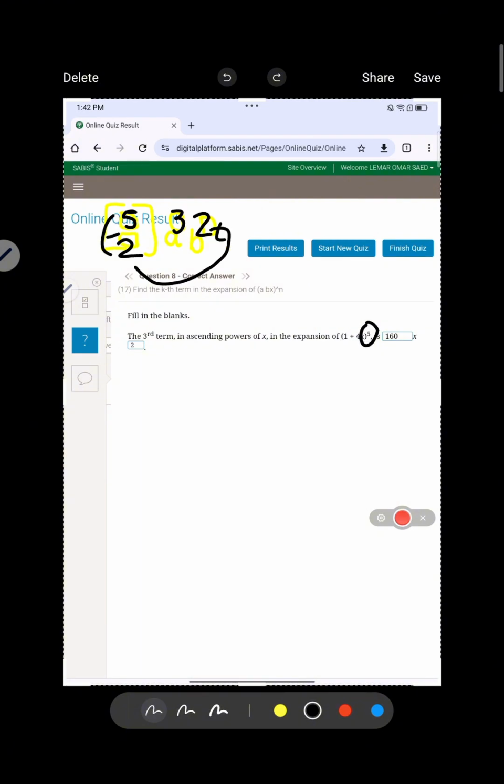Now what you have to do is 5, and then 2. Then A is 1 to the power of 3. And 4x is to the power of 2.